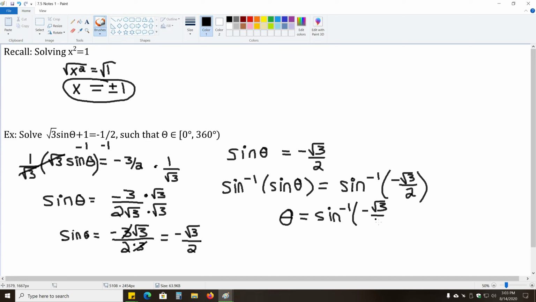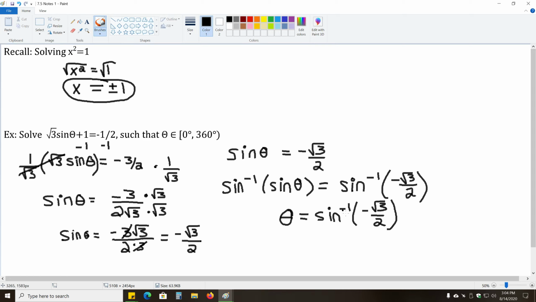Okay, and now there are a few ways to approach this. We could go through and find what sine inverse of negative square root 3 over 2 is, which would be negative 60 degrees, and then find some reference angles from there, or we can just immediately jump to the reference angles. And the way we can do that is, let's just ignore this negative for a moment.